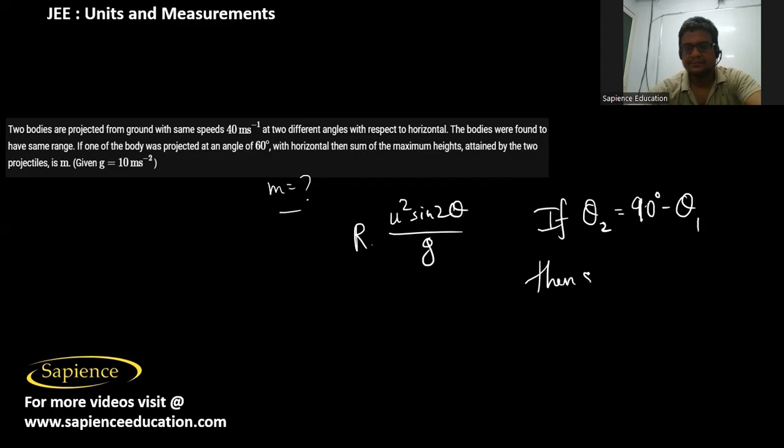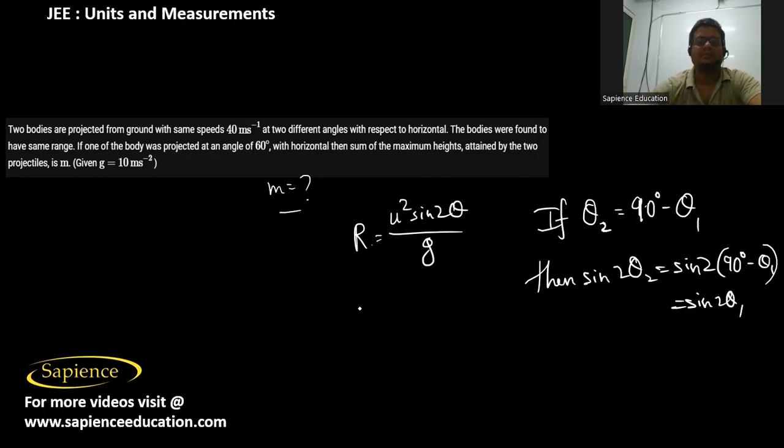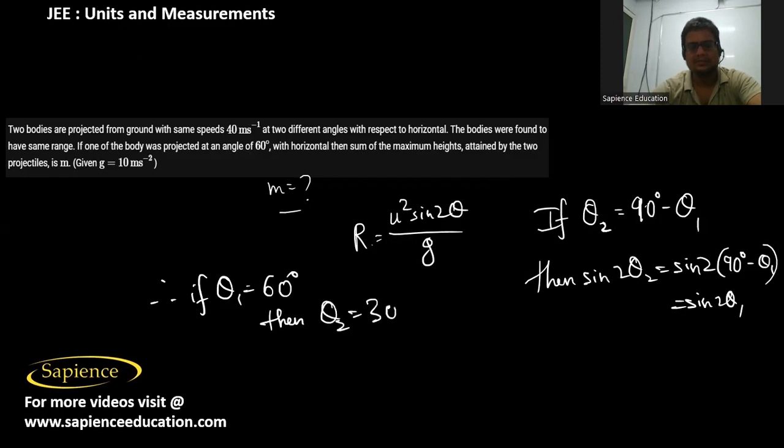Then sine 2 theta 2 will be equal to sine 2 into 90 minus theta 1, that will be equal to sine 2 theta 1. So it means that their ranges will be the same. So therefore, if one of the angle theta 1 is 60 degree, then the angle of projection for the second body will be 30 degree.